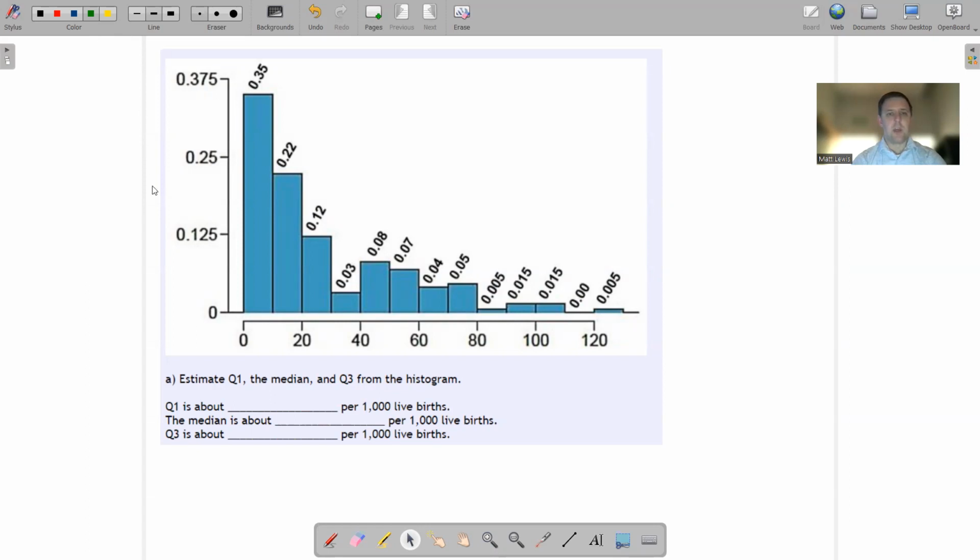The first thing we need to remind ourselves of is that when we're talking about things like the first quartile, the median, and the third quartile, those are percentiles as well. So remember that the first quartile is the 25th percentile.